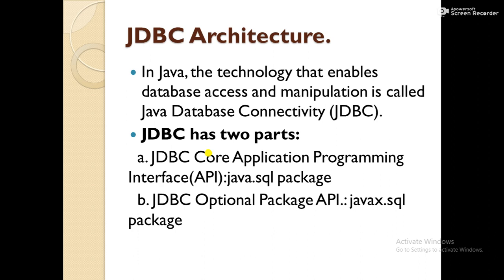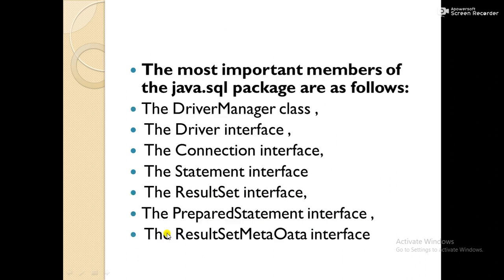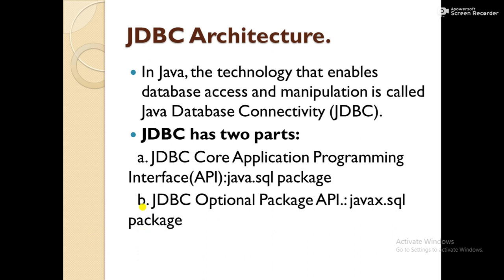In this JDBC architecture it consists of two parts: the core application programming interface, that is the java.sql package, and the next part is the JDBC optional package API, that is the javax.sql package. The java.sql package is a core API that is compatible with any driver that uses JDBC technology.